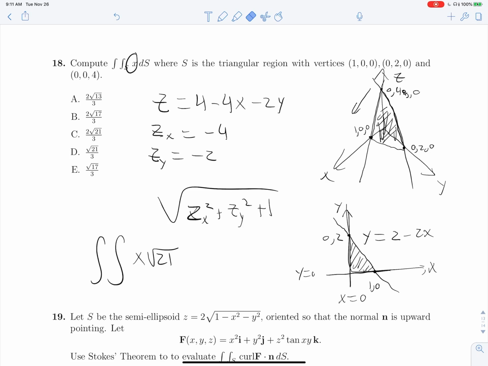So now we can take our R and dA away and turn this into dy dx, where x runs between 0 and 1, and y runs between 0 and 2 minus 2x.